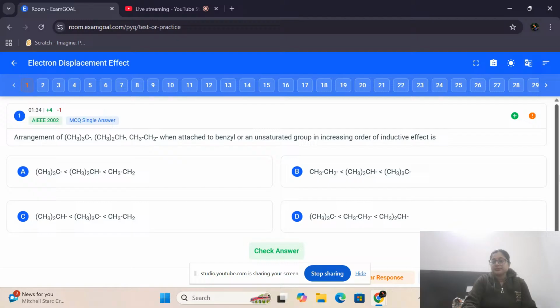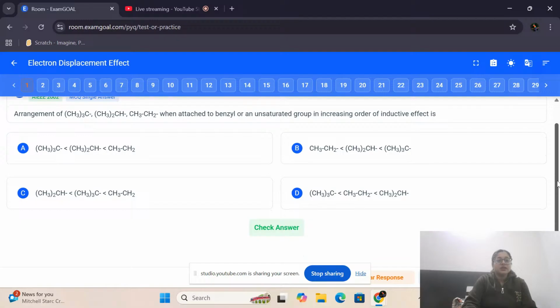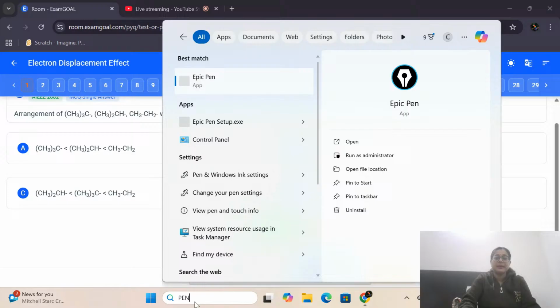arrangement of the tertiary alkyl group, secondary alkyl group, and the primary alkyl group when attached to benzene, benzyl, or the unsaturated group in increasing order of the inductive effect is. What does it state? Let me take the pen first.